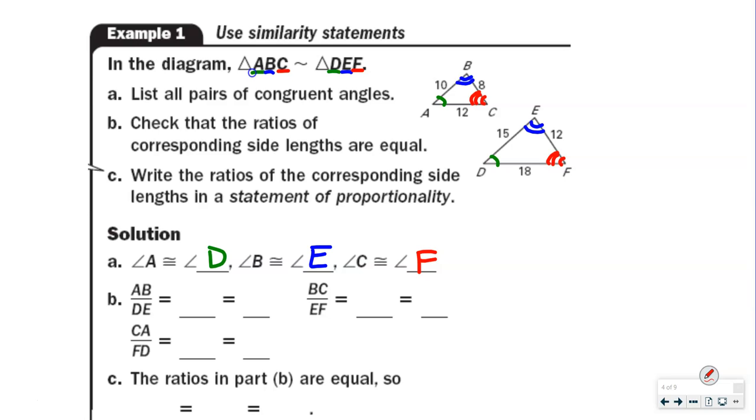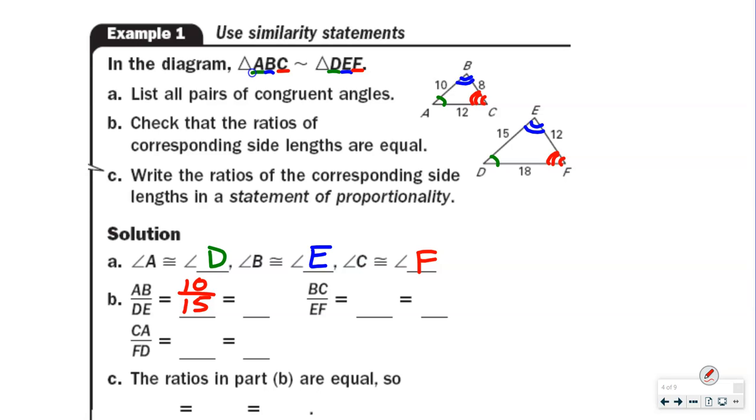But remember, now the side lengths are different. Now we have to check that the ratios of corresponding side lengths are equal. So let's look at AB. The side length AB is 10, and the side length of DE is 15.